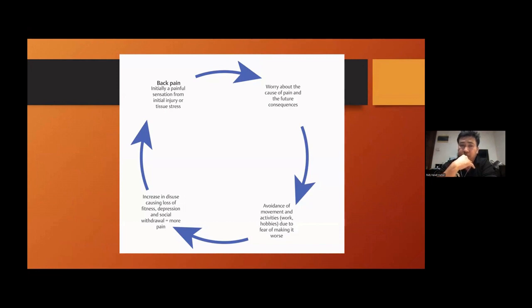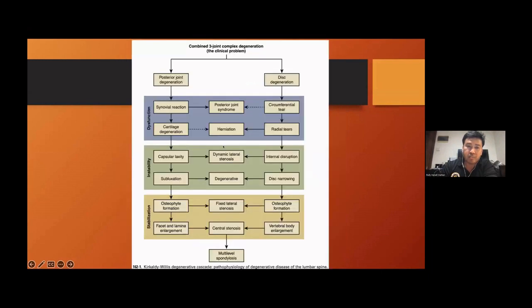Some patients feel back pain and worry about the cause, so they avoid some movement and activities. Thus it becomes disuse of the muscle, depression and social withdrawal, which gives even more pain, and it circles like this. So our job is to cut this circle.